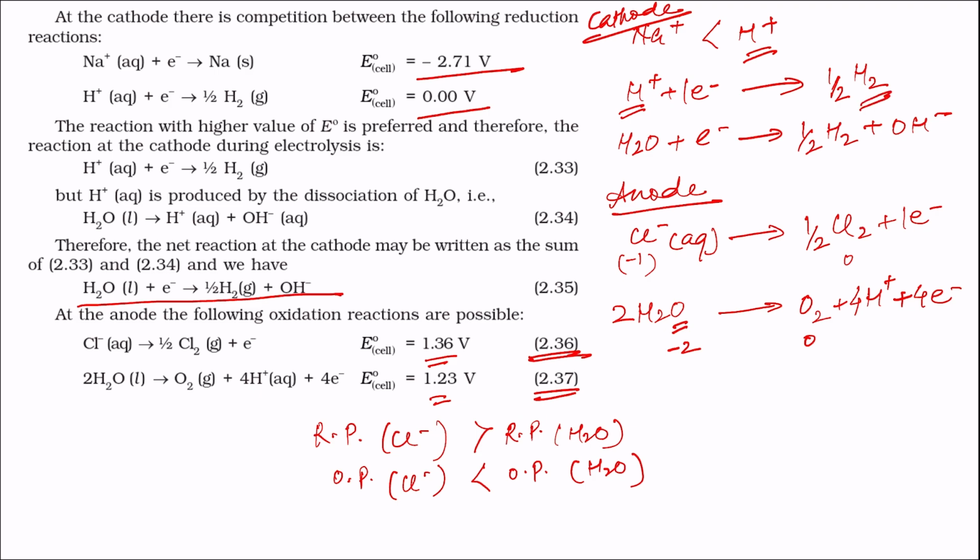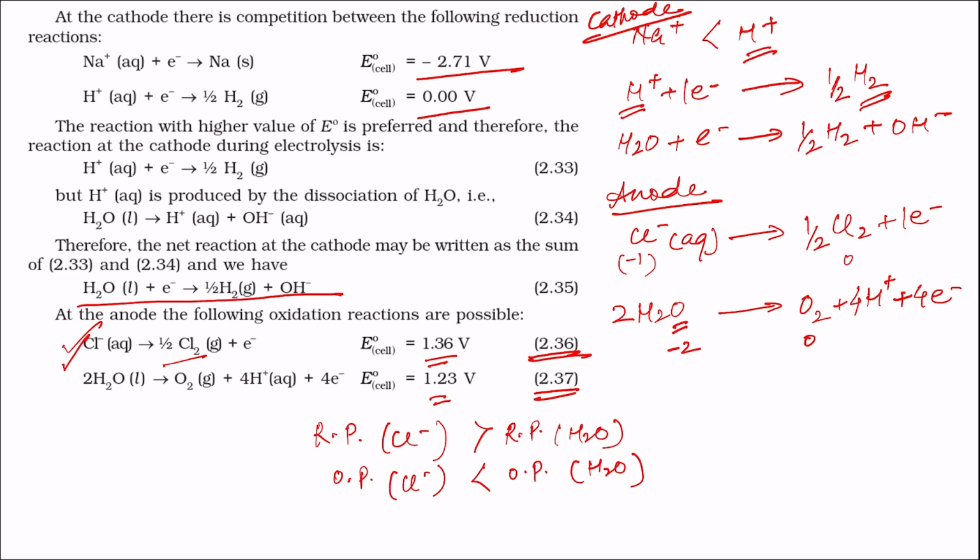From the reduction potential values, H2O should get oxidized at the anode. But again, this process is kinetically slow. So extra potential has to be applied to carry out this oxidation reaction, which would lead to overpotential. So due to overpotential, this reaction is not preferred, and instead chloride ion is getting oxidized at the anode to give chlorine gas.